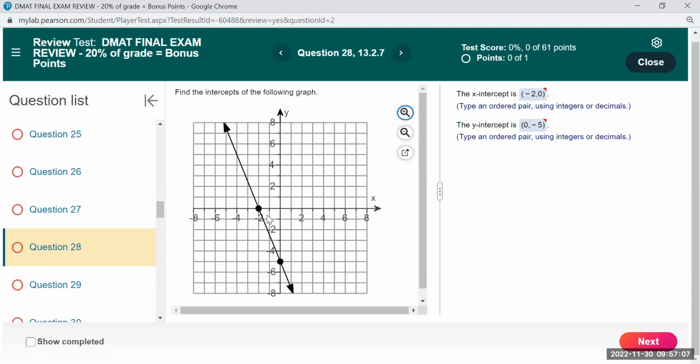That's the x-intercept. Remember, for the x-intercept, y is equal to 0. For the y-intercept, x is equal to 0. So you have to put those in your solutions. So it's -2, 0. The y-intercept is 0, -5.